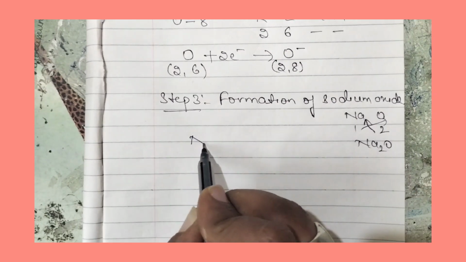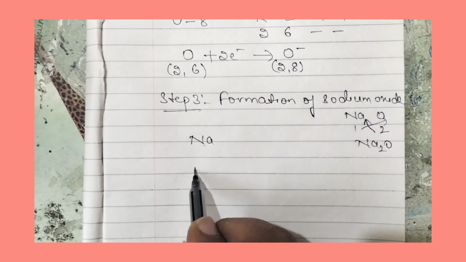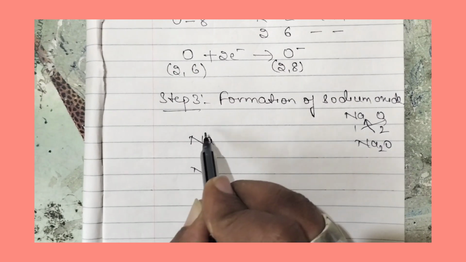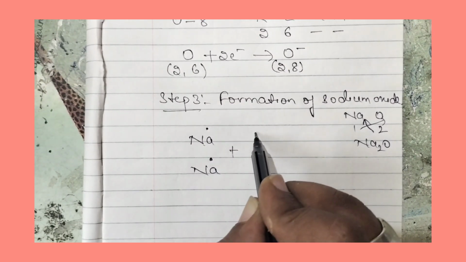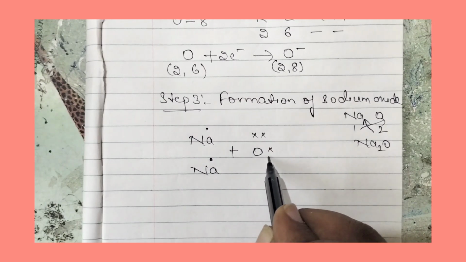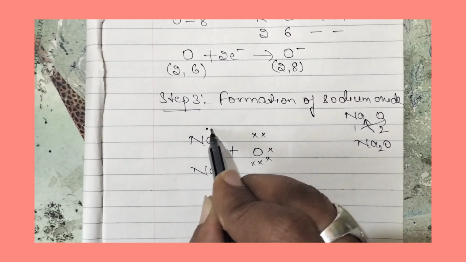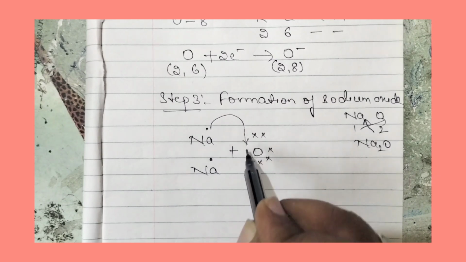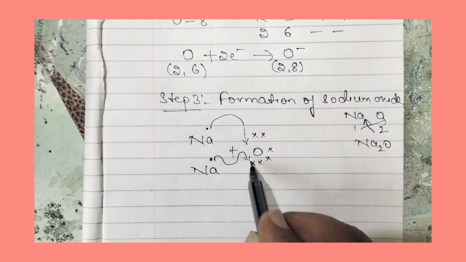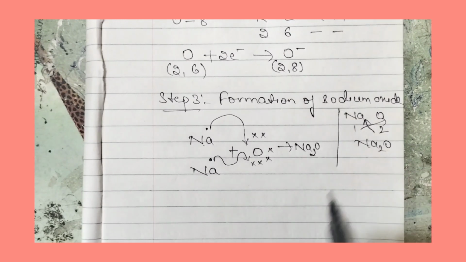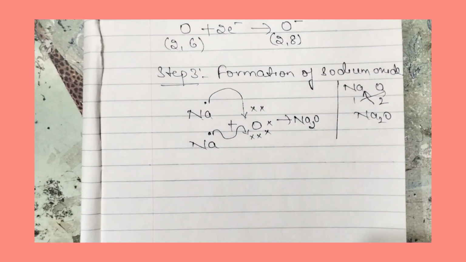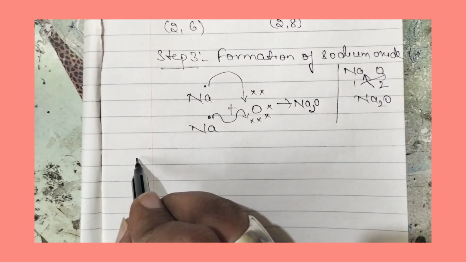That is 2 sodium ions, each giving 1 electron, and oxygen with 6 electrons gains those 2 electrons, so it will become Na2O. This is how the formation of sodium oxide takes place.